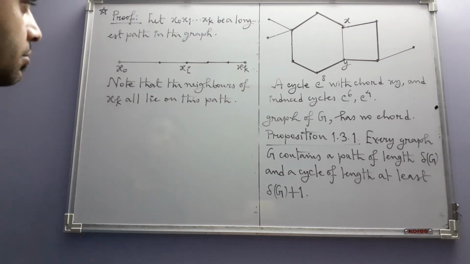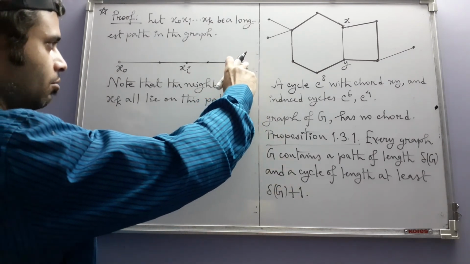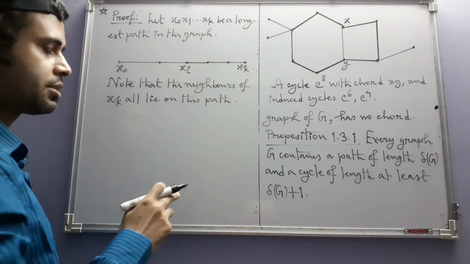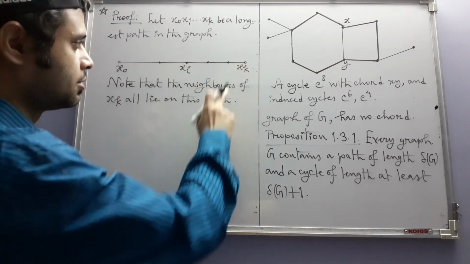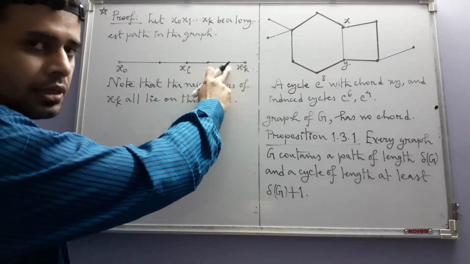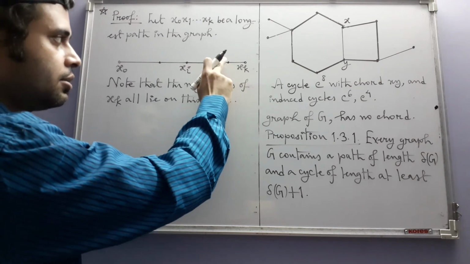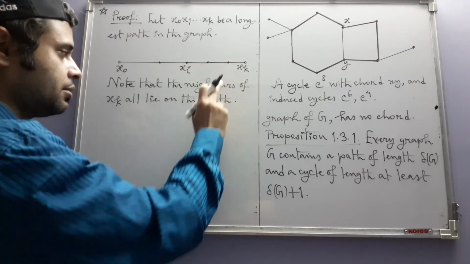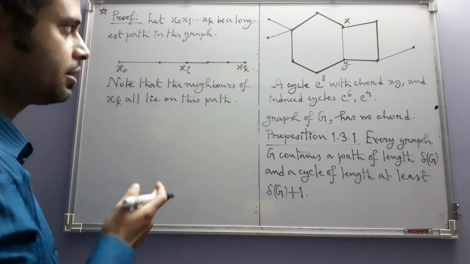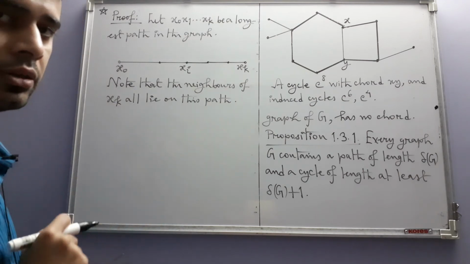Why? We are claiming that whatever neighbors xk has, for example, this itself is a neighbor of xk, this vertex lies on the path. We are claiming that the other neighbors of xk also lie on the path.